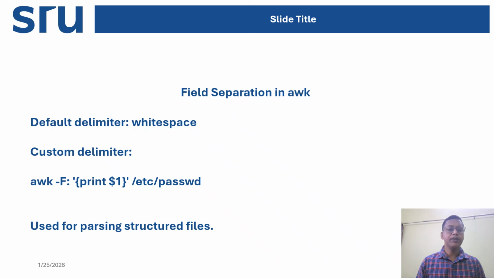It is used for parsing structured files. When we would like to change the delimiter in place of a space, when we want to use a colon or some other symbol, we can give it with the help of hyphen and uppercase letter F.